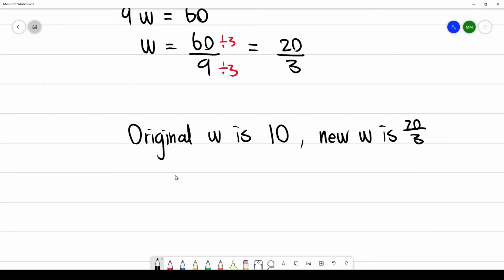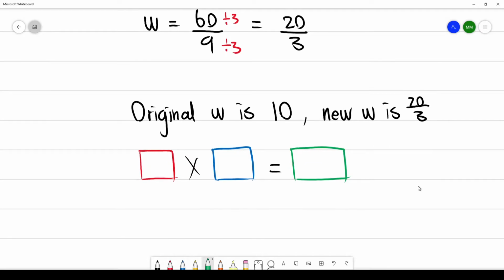So a number times a different number is equal to another number, right?